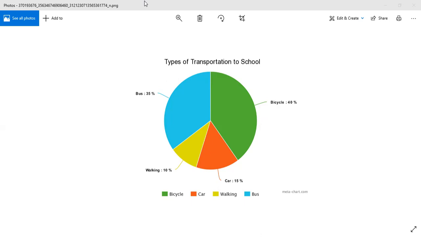And at last, if we compare the percentages of bus and walking, we can see a huge difference because the percentage of using the bus is 35% and the percentage of students who walk to their school is 10%. So we can see here 10% of students walk to their school, so it's very good for their health.